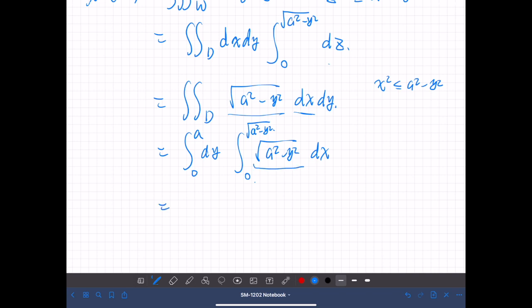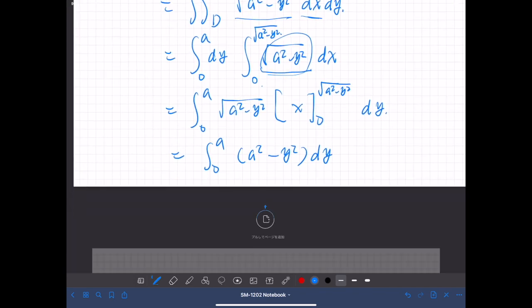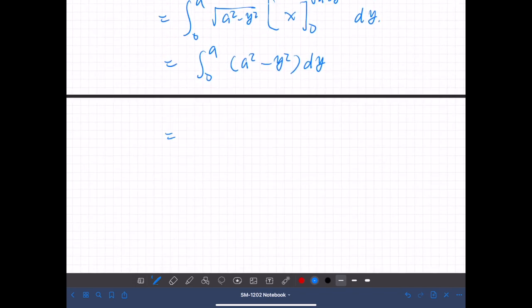But there is no x in the function, so it's just this quantity times x from 0 to this square root of a squared minus y squared, dy, and that is a squared minus y squared dy, and that is a squared y minus y cubed over 3 from 0 to a.